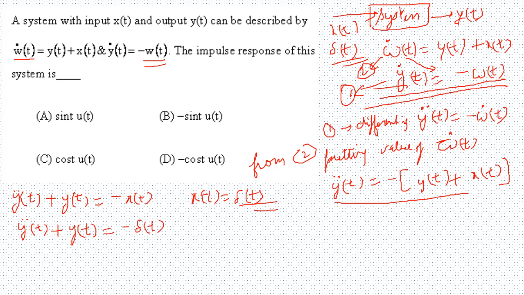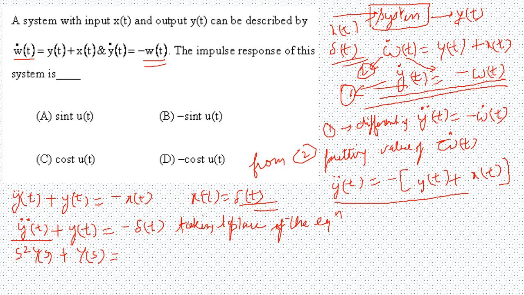Now we can solve it in many ways. The easiest way is to take the Laplace of the equation. When you take the Laplace on both sides, using the differentiation property of the Laplace, y double dot of t will go to s square Y of s, plus y of t will go to Y of s.